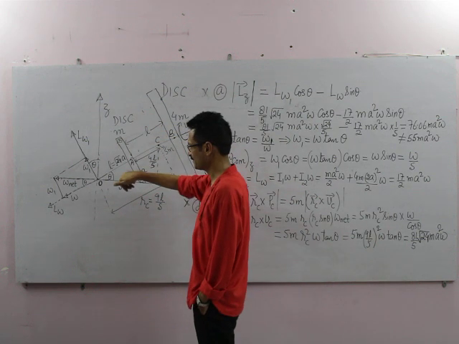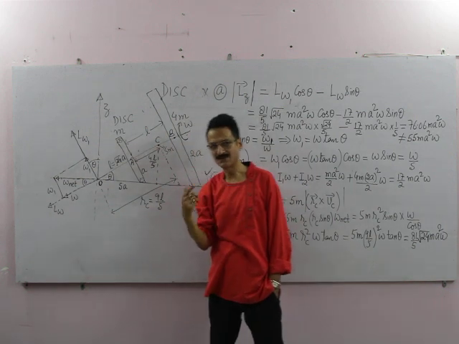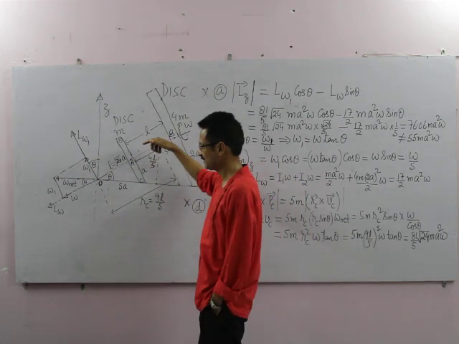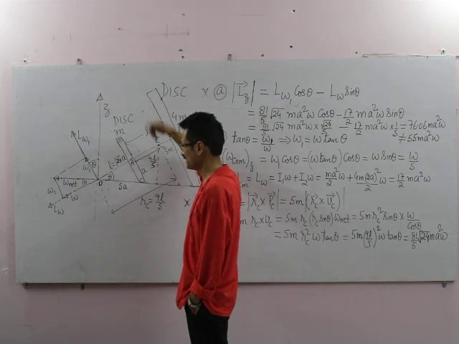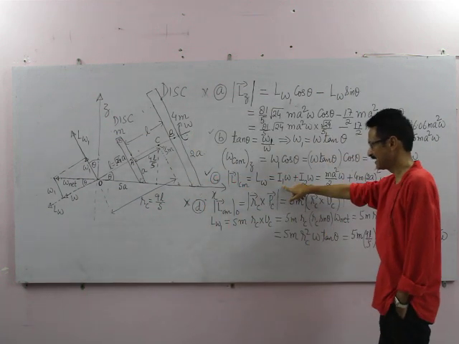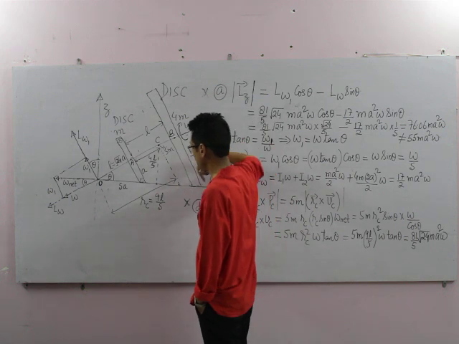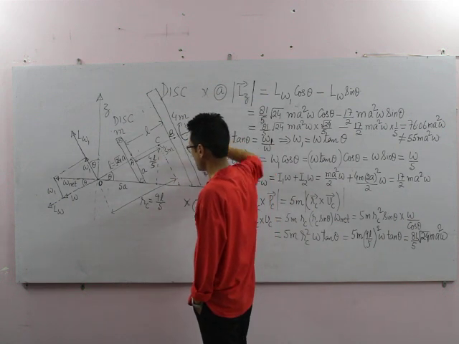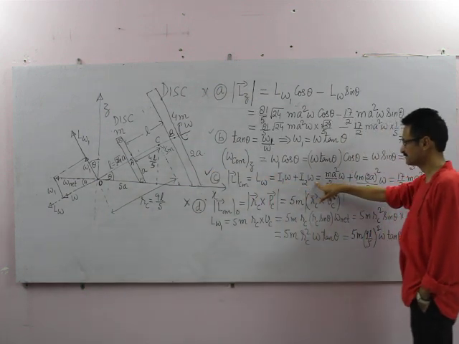So due to the rotation of the entire assembly about this axis passing through the center of mass, what will be the angular momentum? The formula for angular momentum is I omega. So due to the rotation of this disk, the angular momentum will be I1 omega, and due to the rotation of this disk about its axis, the angular momentum will be I2 omega.